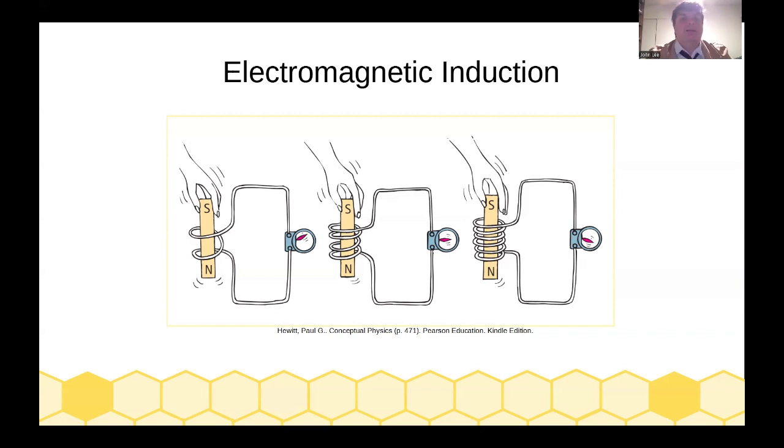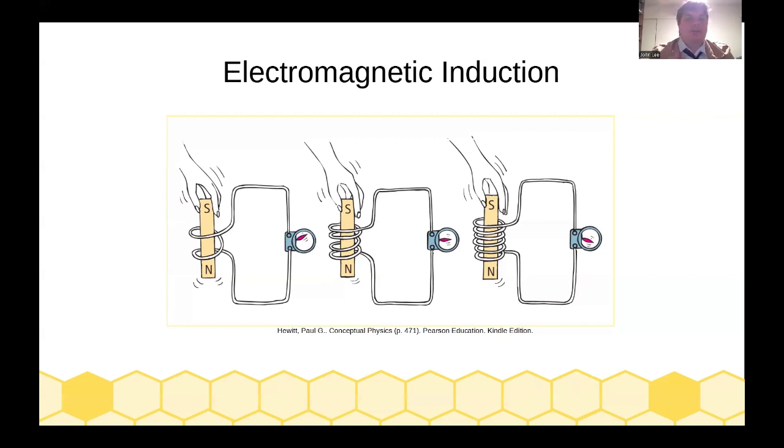If you increase the number of coils, then you increase the amount of voltage across the wire, the amount of current that's going through, and the strength of the electric field through the wire.